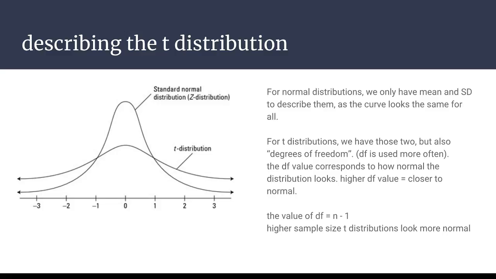If you had n equals infinity, then it would look like a normal distribution. The t-distribution with n equals infinity equals the normal distribution. But most of the time you're not going to get that. So the peak is going to be shorter than the peak of the normal distribution, and the tails of it, so the furthest left and furthest right, are going to be higher than the tails of the normal distribution.